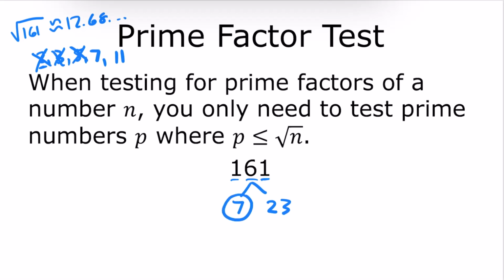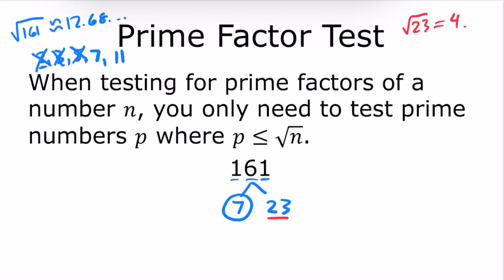And then the number 23 also happens to be a prime number because if I apply the same prime factor test to this number, 23, if I take the square root of 23, that's going to be 4 point something. Because it's pretty close to 25 and the square root of 25 is 5. So the prime numbers that I need to check are the prime numbers that are less than or equal to 4 point whatever that decimal is.